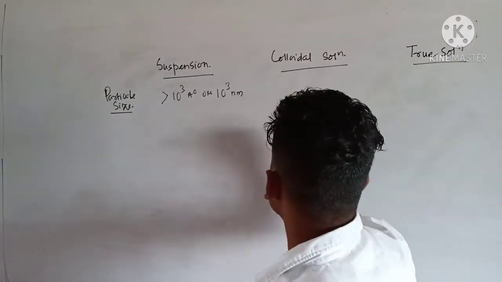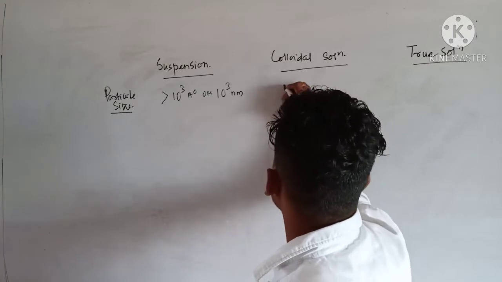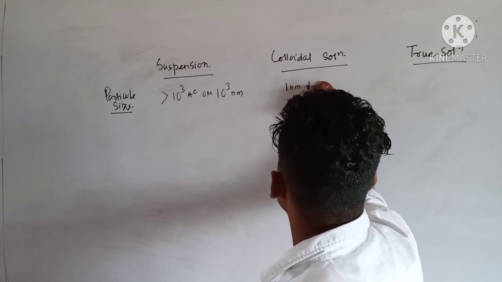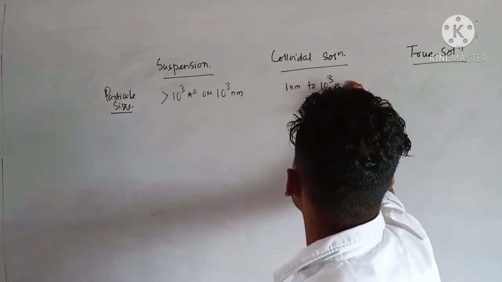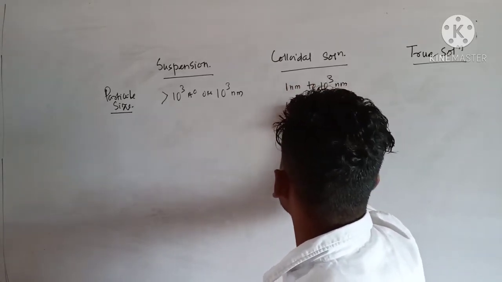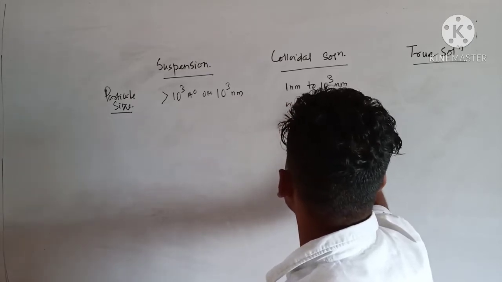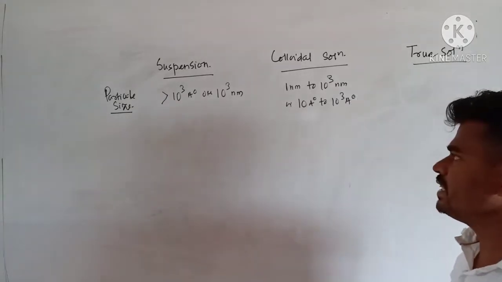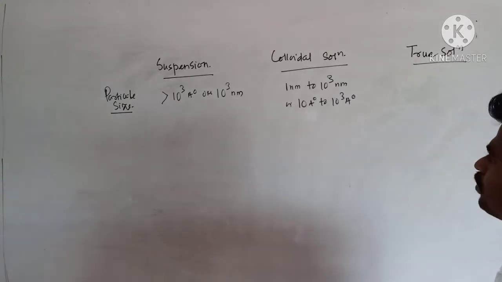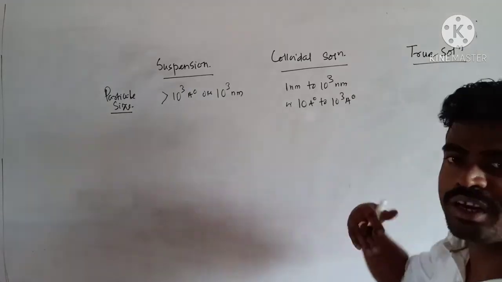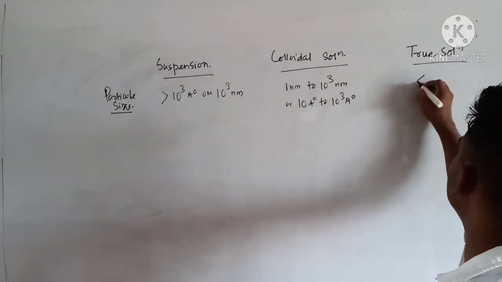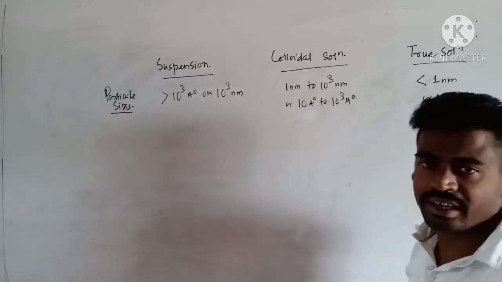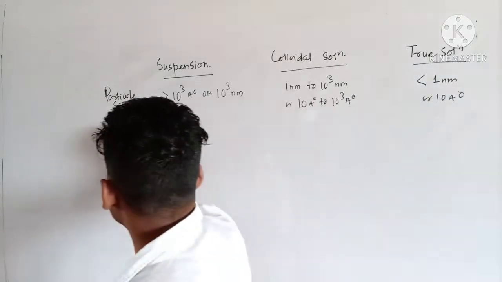Colloidal solution's particle size lies between 1 nanometer and 10 to the power 3 nanometer, or 10 angstrom to 10 to the power 3 angstrom. The particle size is intermediate. In case of true solution, it is completely dissolved, particle size is very small, less than 1 nanometer, or 10 angstrom.